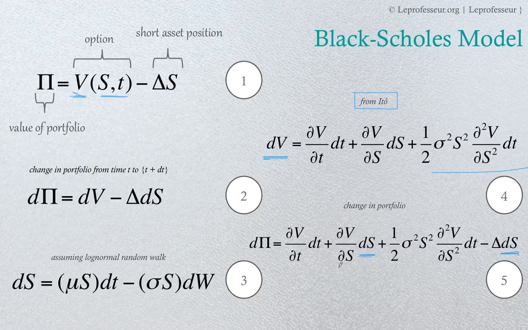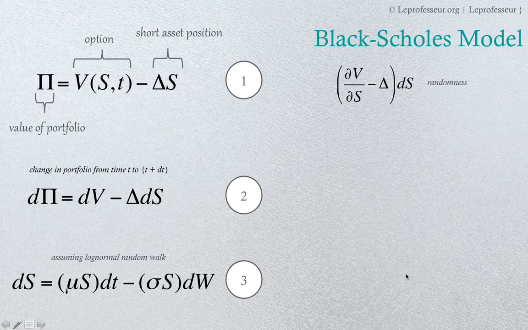We can rearrange this equation for that term, simply delta V over delta S minus capital delta, times dS. That is our randomness in the whole equation number 5.